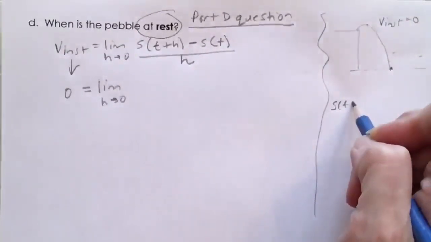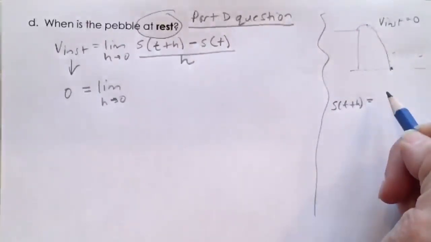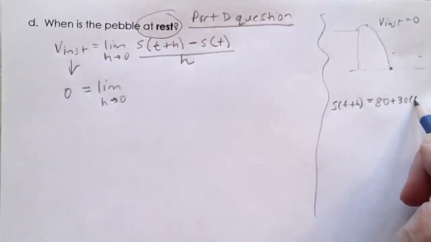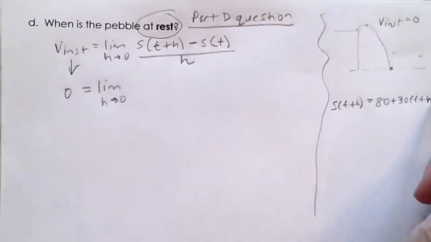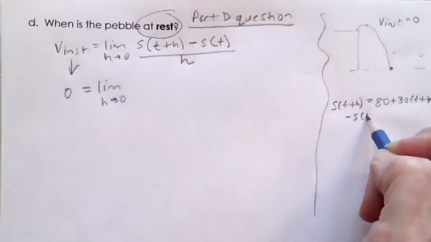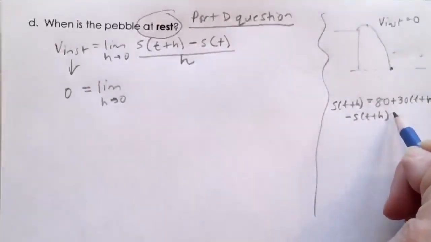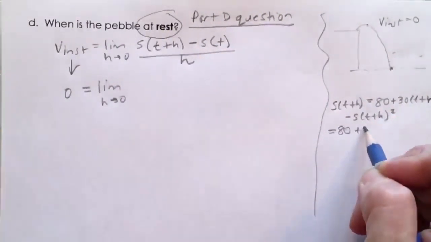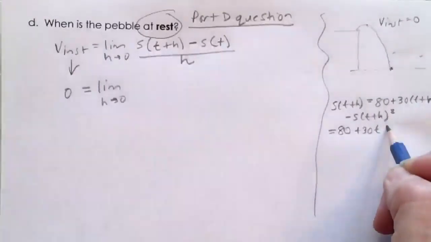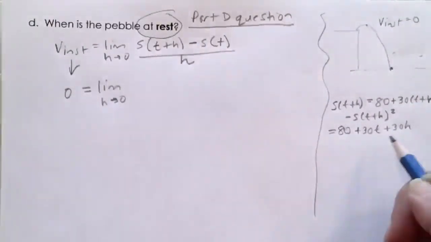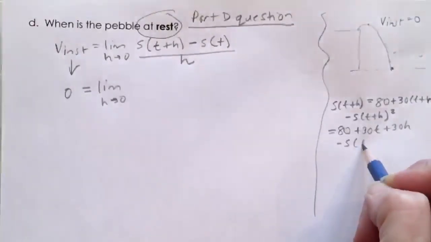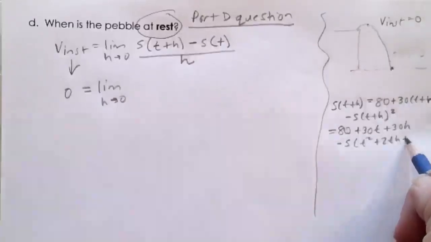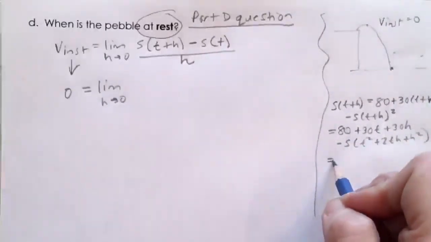So s at t plus h is going to be 80 plus 30 times t plus h, minus 5 times t plus h squared, which is going to be 80 plus 30t plus 30h minus 5 times t squared plus 2th plus h squared.